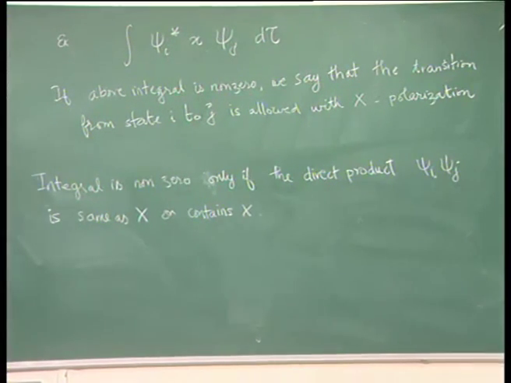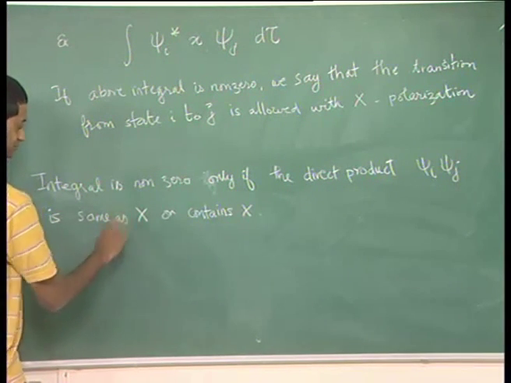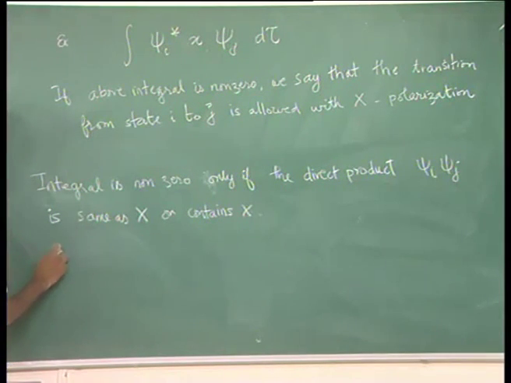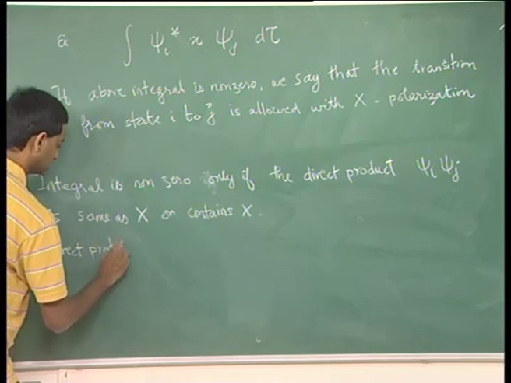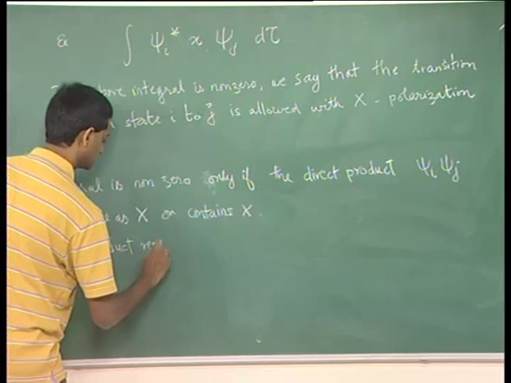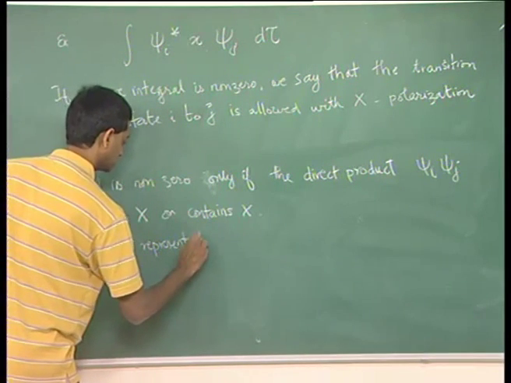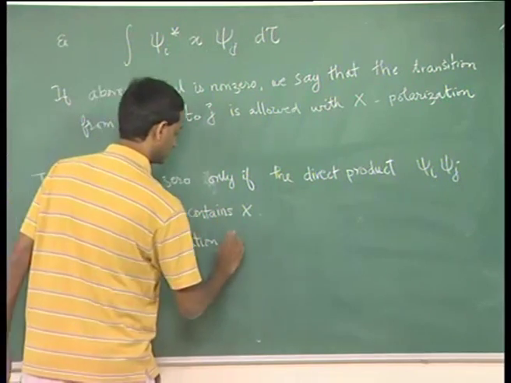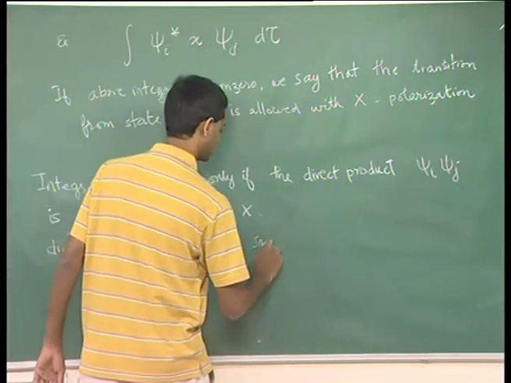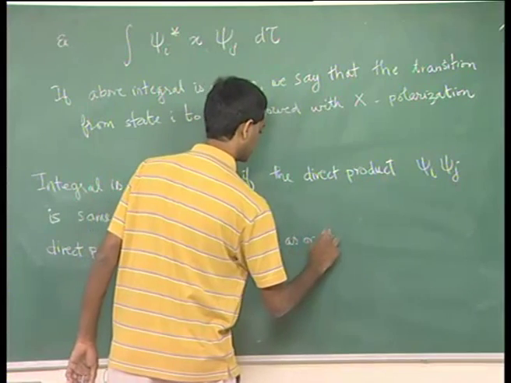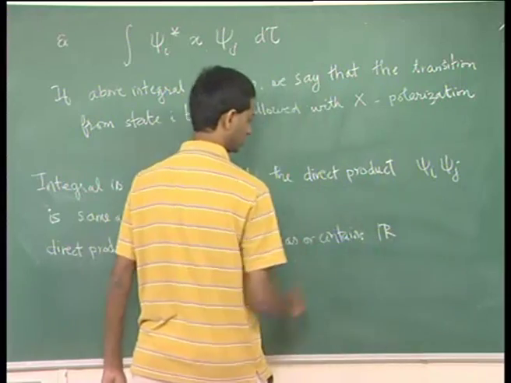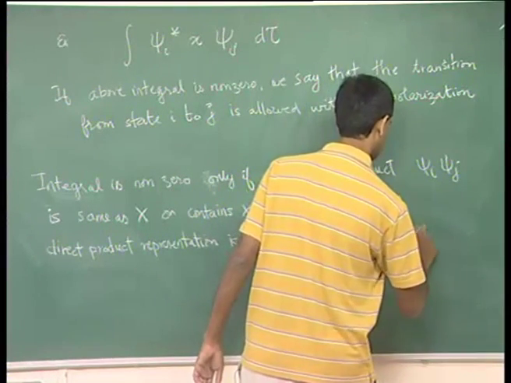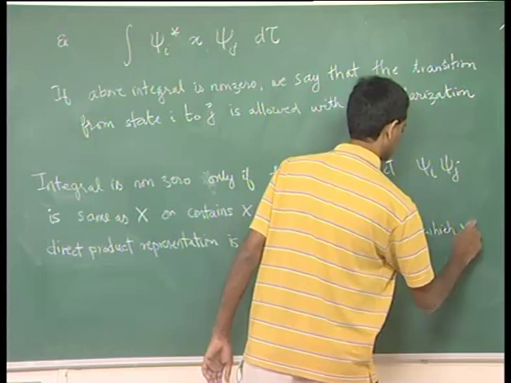What I mean by the same as x or contains x is that the direct product representation is the same as or contains the IR, the irreducible representation to which x belongs.